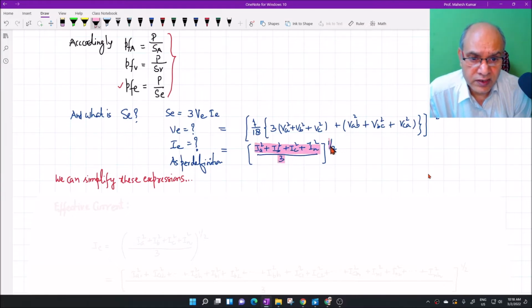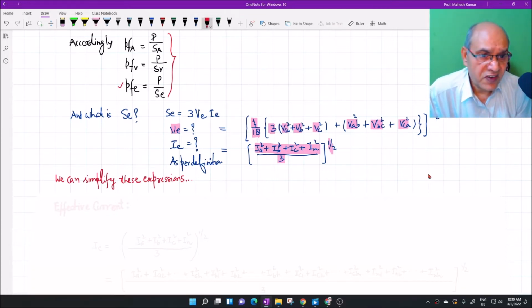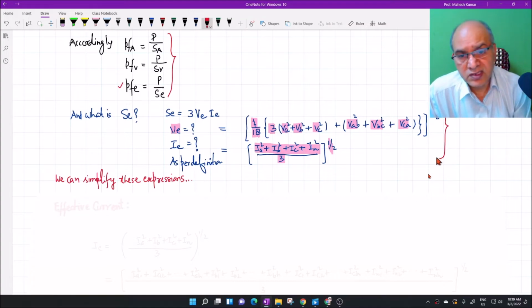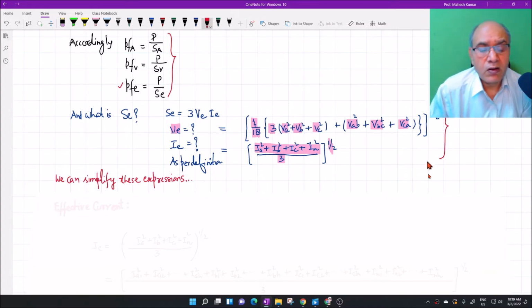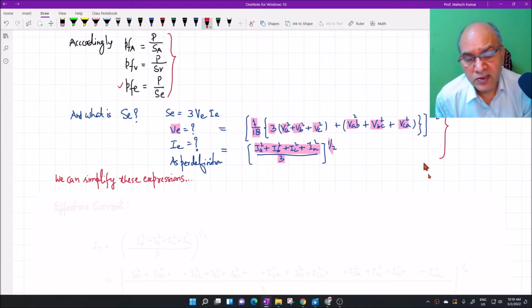And the value of VE was the square root of 1 by 18th, 3 into VA squared plus VB squared plus VC squared plus VAB squared plus VBC squared plus VCA squared. These are the definitions of effective voltage and currents based on the previous study, or based on the same losses and same power output for 3-phase unbalanced voltage with fundamental.